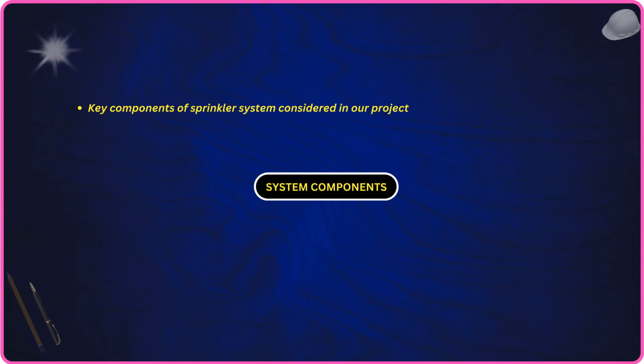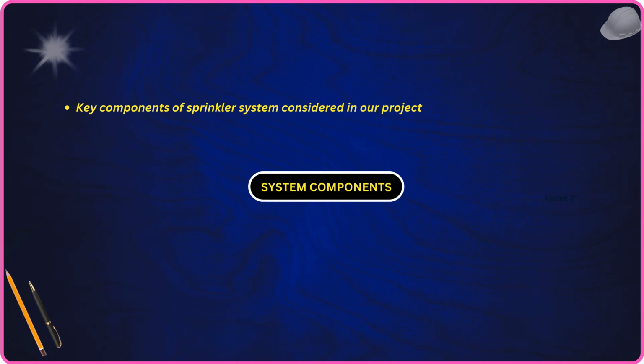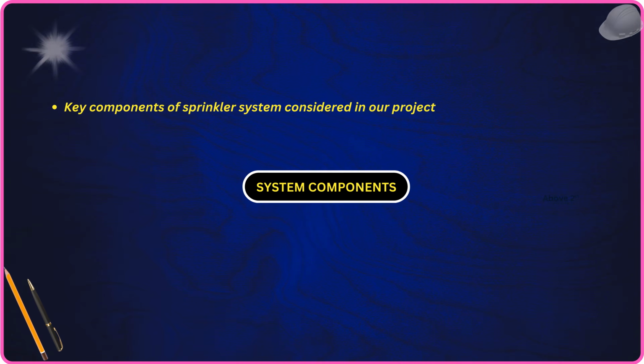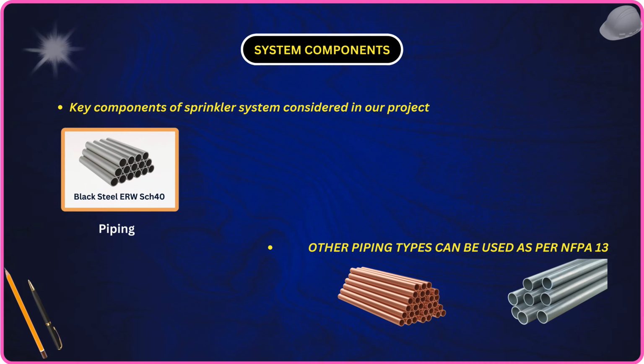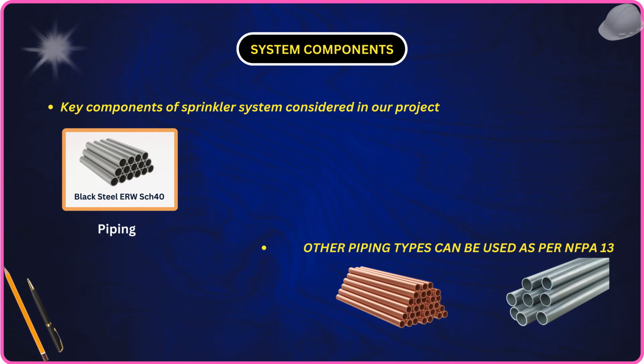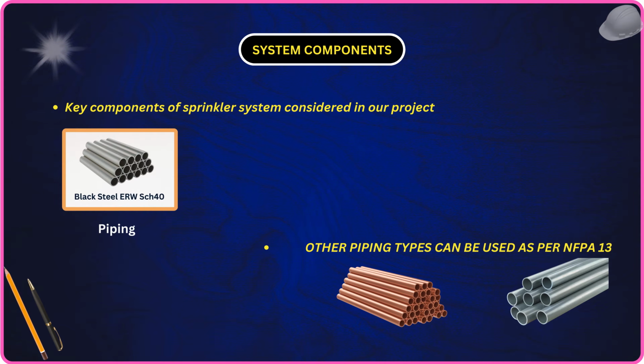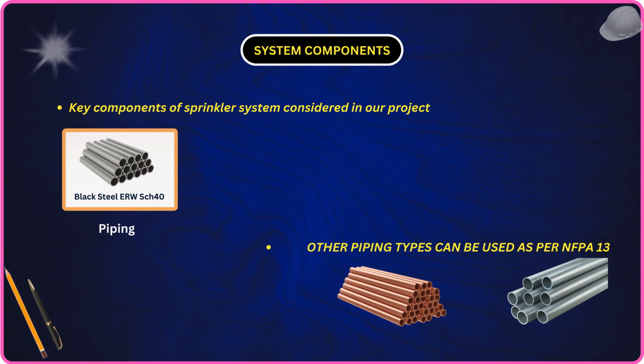Let us have a look at the key components of the sprinkler system. We will consider black steel ERW Schedule 40 pipe for our above ground piping network. Other piping types can be used as per NFPA 13.